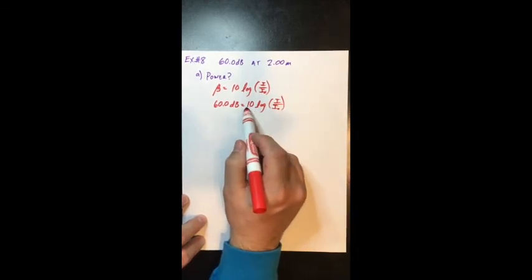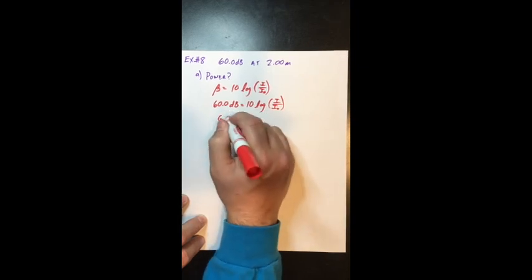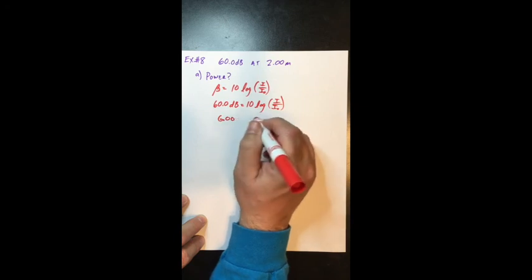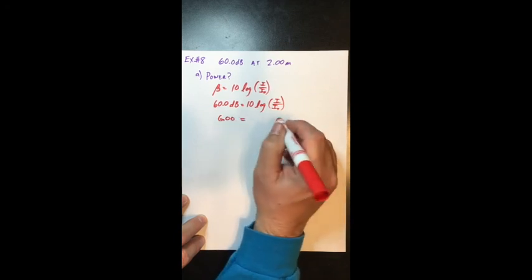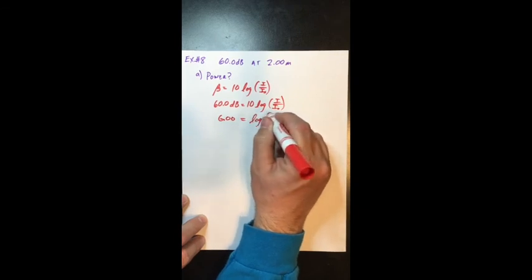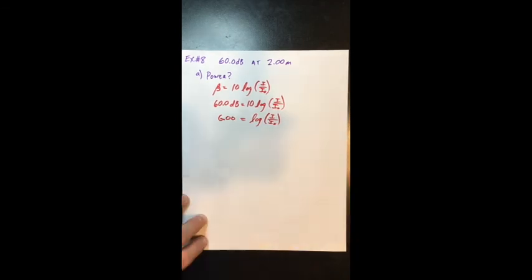Then I'm going to divide both sides by 10. So this will be 6.00 equals, I'm going to drop the units for now. Now if I want to get rid of that log, remember that's a log base 10.